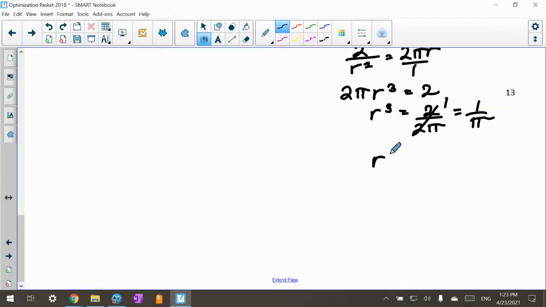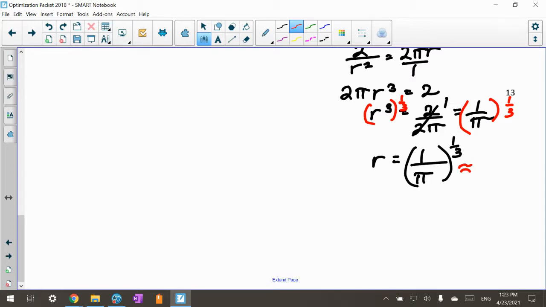So r is going to be 1 over pi raised to the 1/3, because I'm going to cube root both sides so that I can figure out what r is. Which the cube root of 1 over pi isn't pretty, guys.